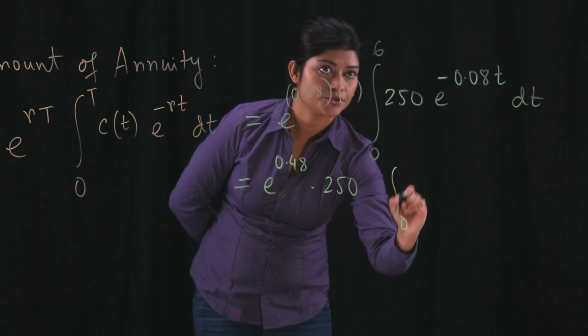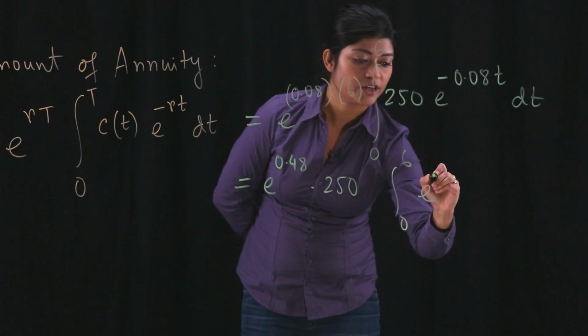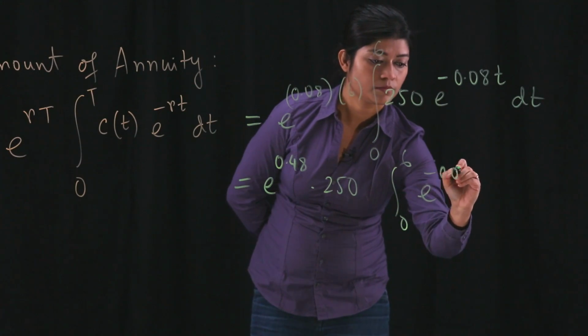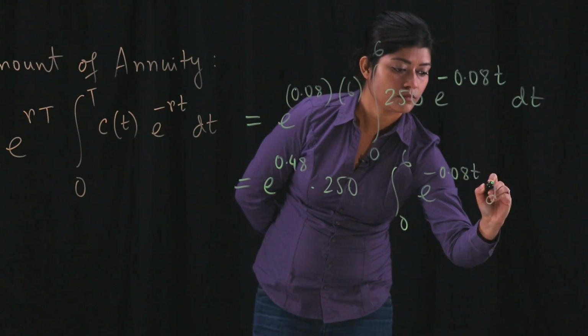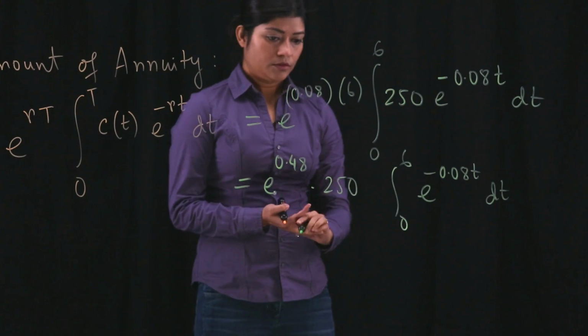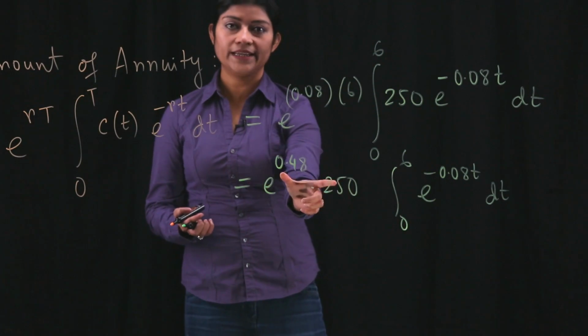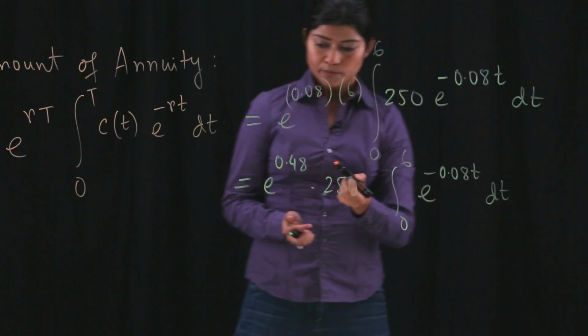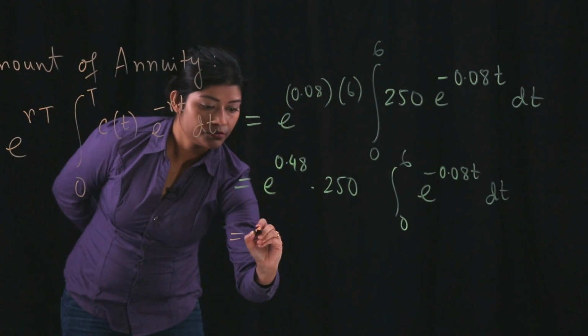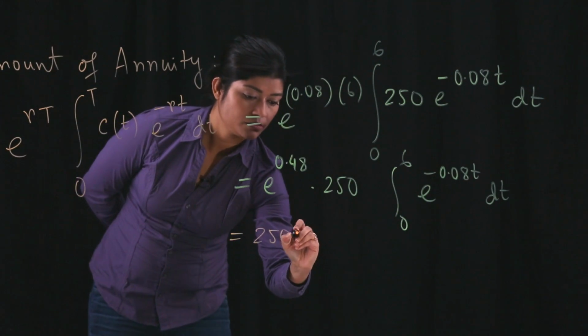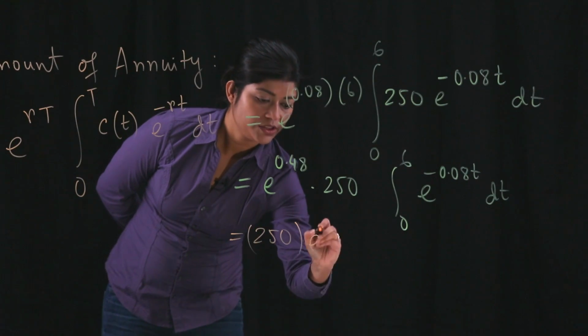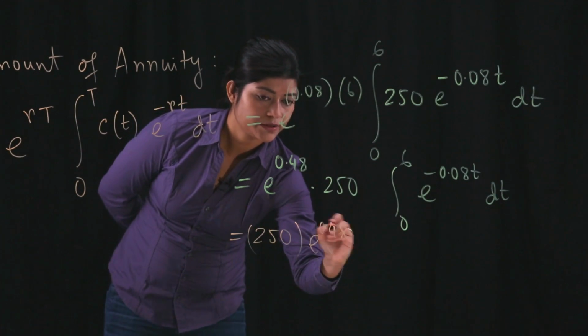And then you will just have to integrate the exponential function. All right, so we'll calculate that later using a graphing utility. So we'll have 250 times e to the 0.48.